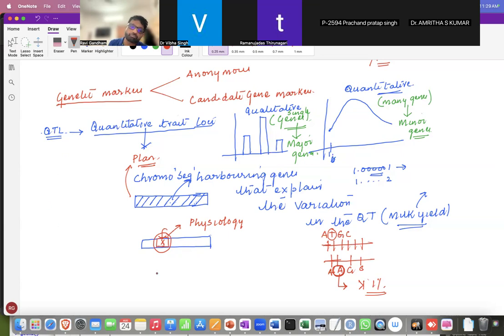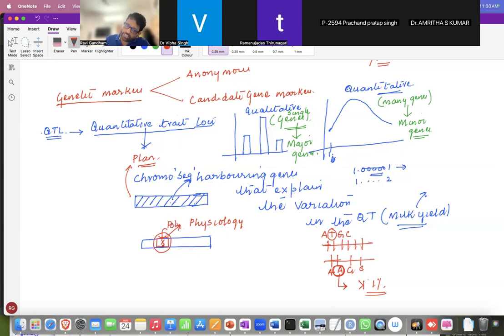Now, you know that you have a gene X and there is polymorphism within this particular gene.